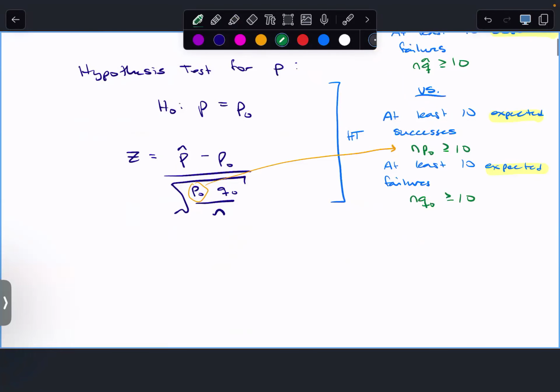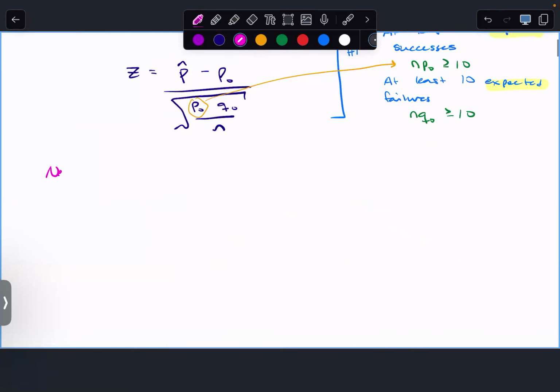Okay, nice. The last thing on your formula sheet, kind of new today, is this fun thing that we can do: given some confidence level and some desired margin of error, we can find the sample size that we would need.